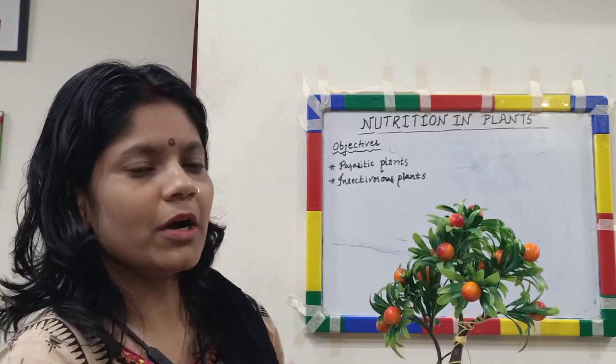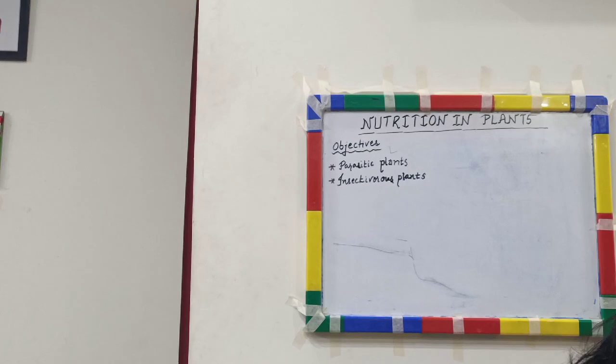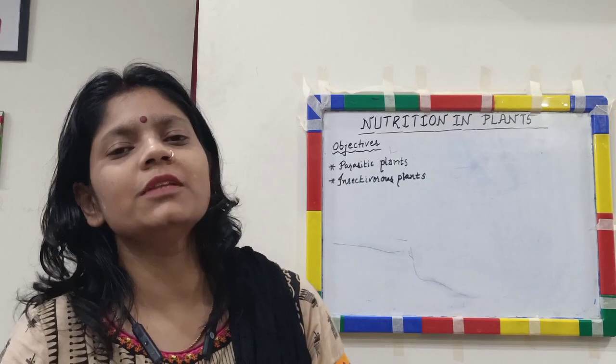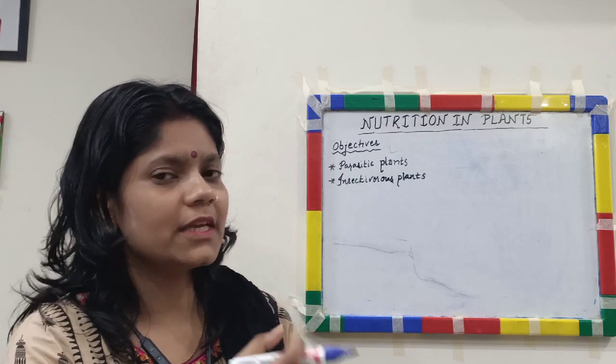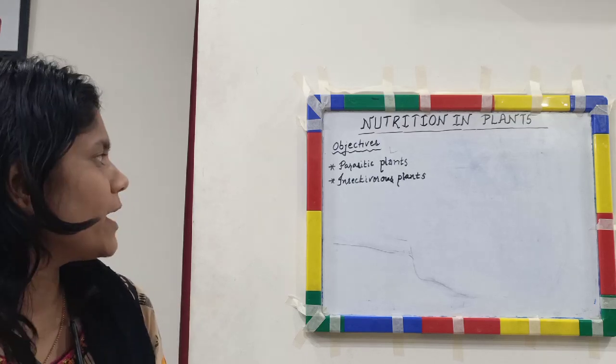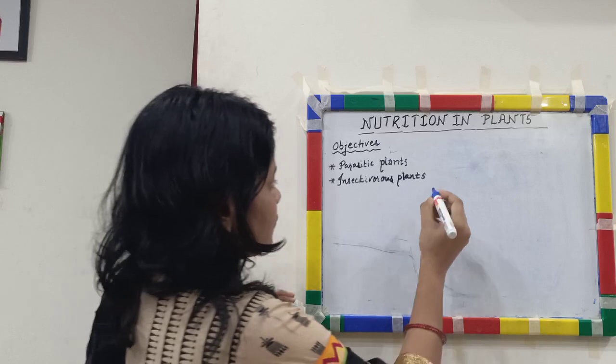And have you heard about the term parasitism? You might have heard something like mosquitoes are parasites on animals, or something like leeches which suck the blood of humans. So what are parasites and what terms are involved in that? So what are parasites? We will know.